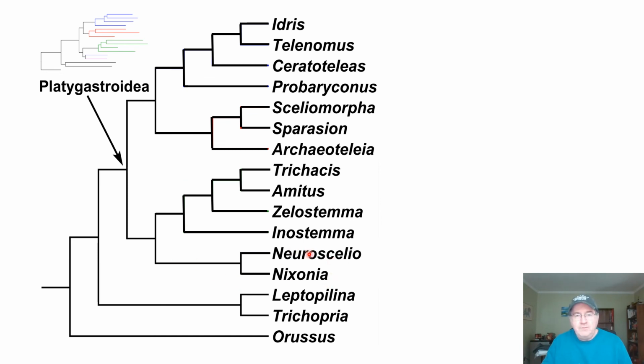Well, Neurocelio plus Nixonia forms a monophyletic group. So, strictly speaking, I could follow the rules and recognize that as a family. But here's where the do no harm mandate comes into effect: Nixonia is a big whopping wasp. It's a centimeter long, some of them. They're quite large, whereas Neurocelio are little bitty guys.